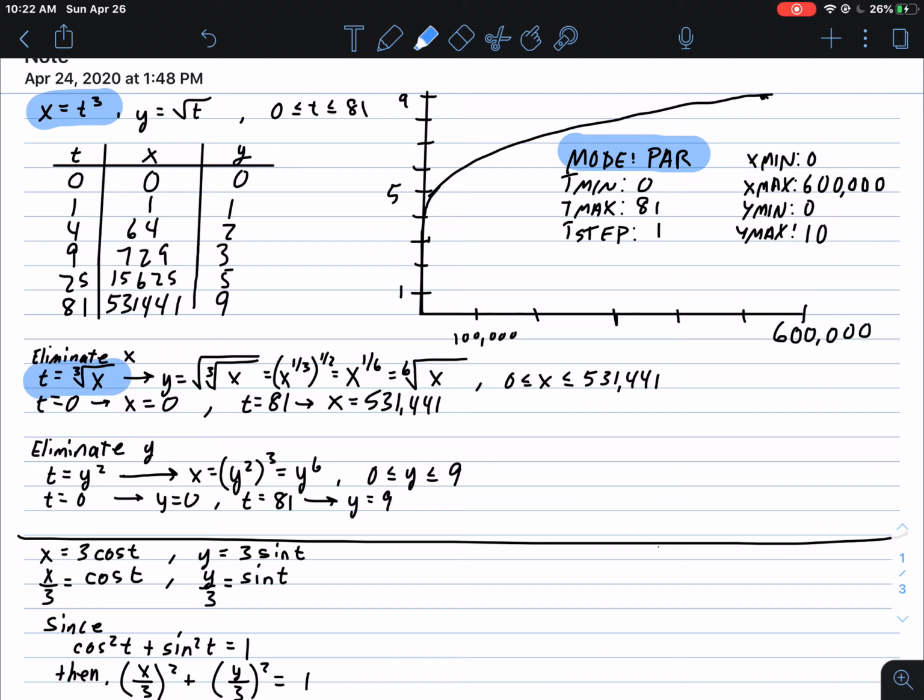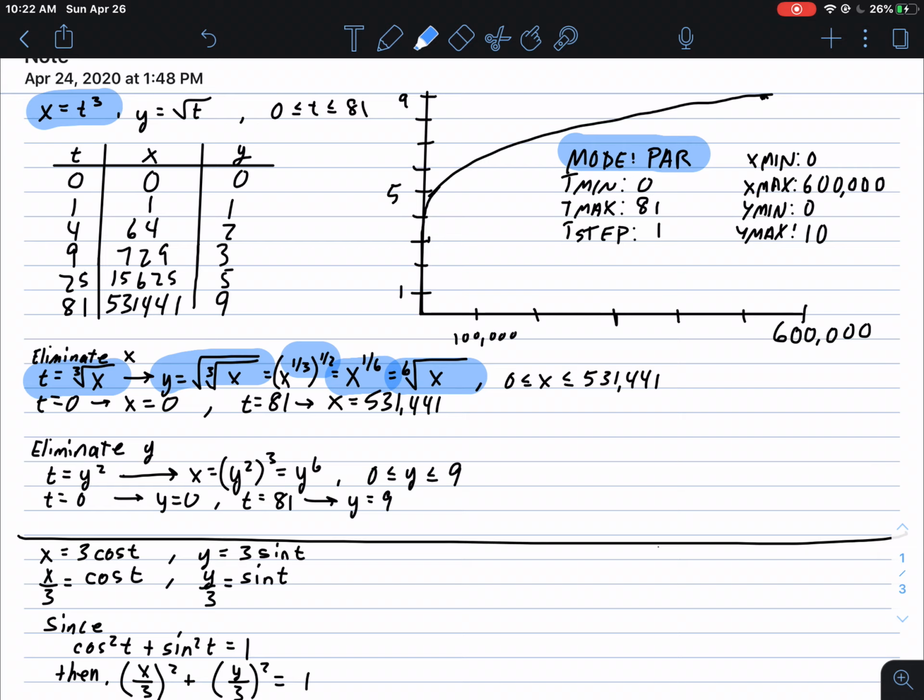If you solve that for t, you get t equals cube root of x. And then I plug that into our equation, y equals square root of t, to get y equals the square root of the cube root of x. And then I just rewrote it from there. So that would be x to the 1/3 raised to the 1/2, which would give you x to the 1/6, or the 6th root of x. So y equals the 6th root of x.